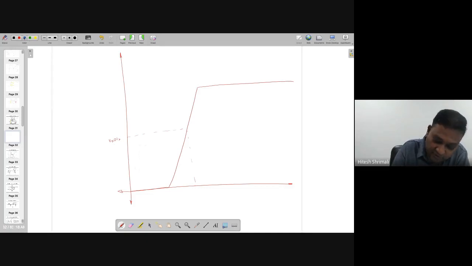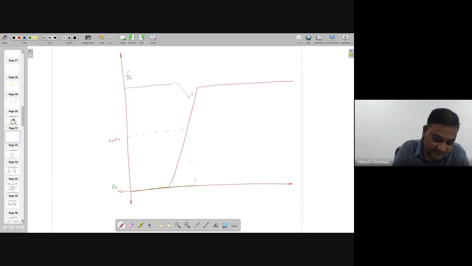Q bar was earlier at VDD and Q is at zero. So what is happening to Q bar? A little bit before this threshold, it starts going towards zero.